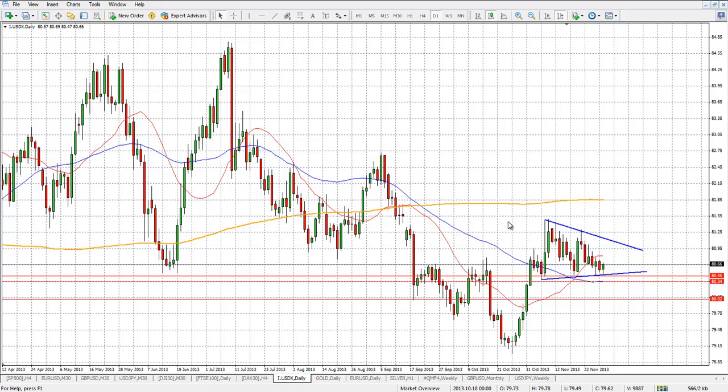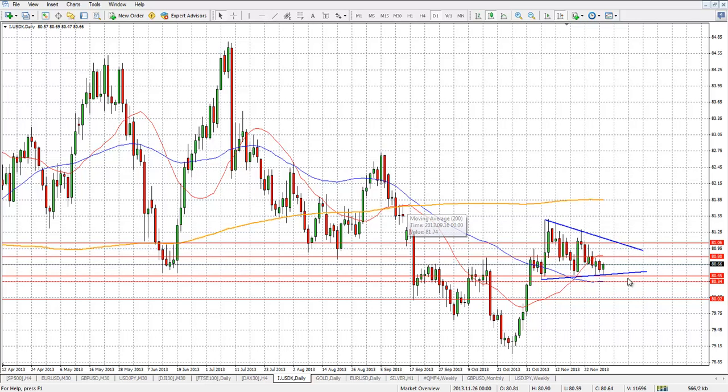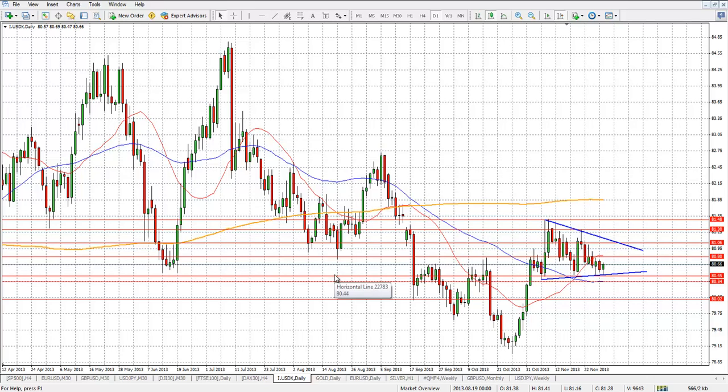So these would be levels of support on the way down. Alternatively, levels of resistance at 80.80, and definitely around here at 81, which is this falling resistance trend line. So a daily closure above this level could potentially target further resistance at 81.30 or 81.48.